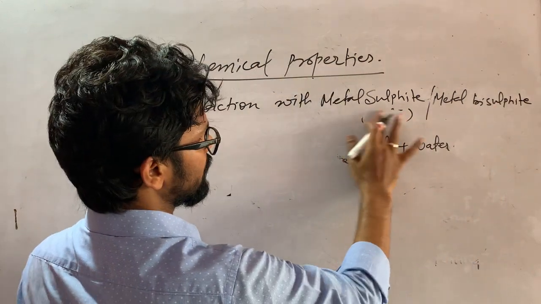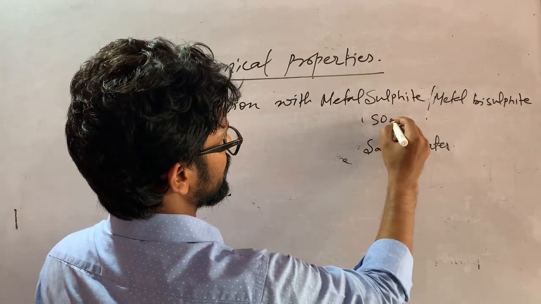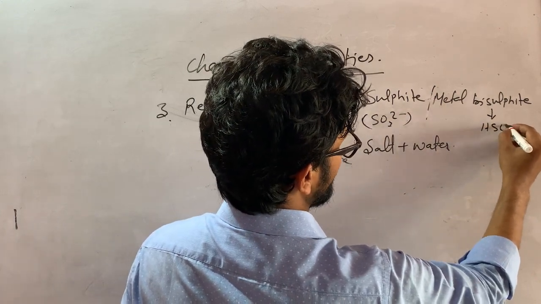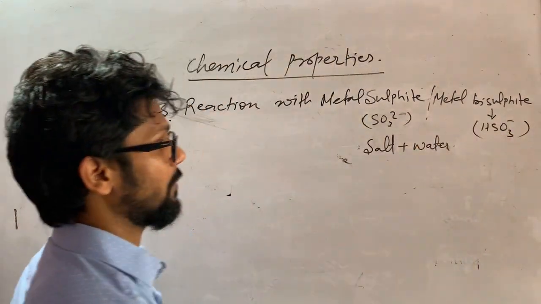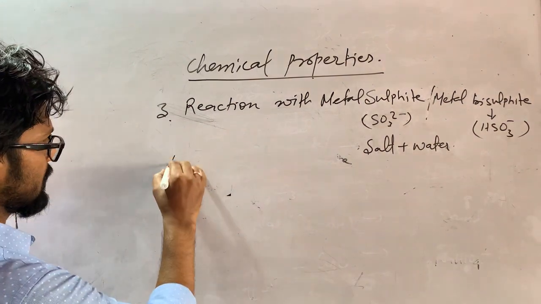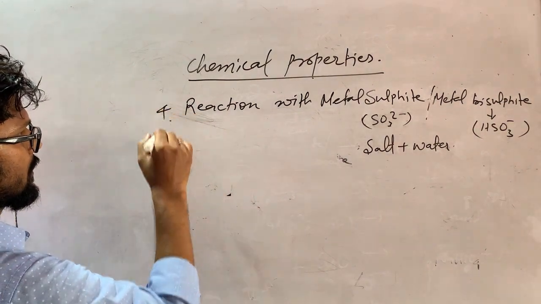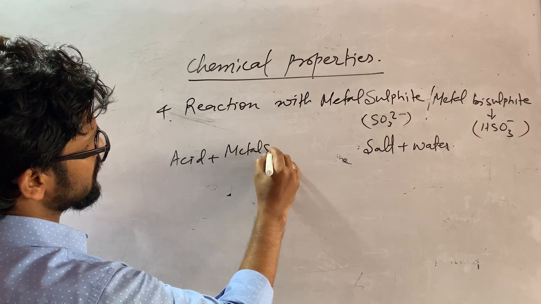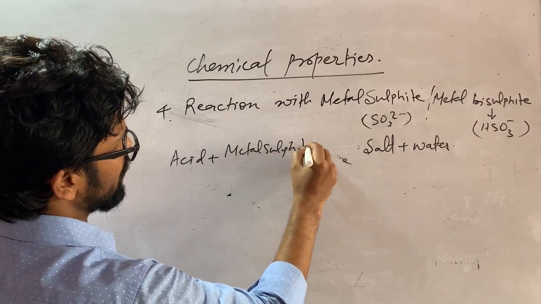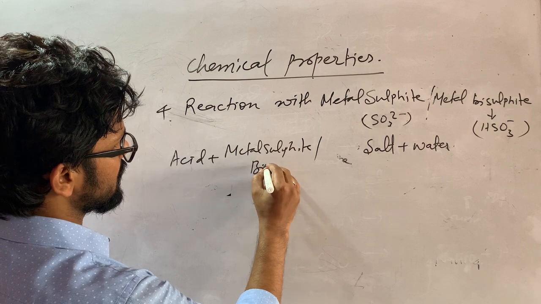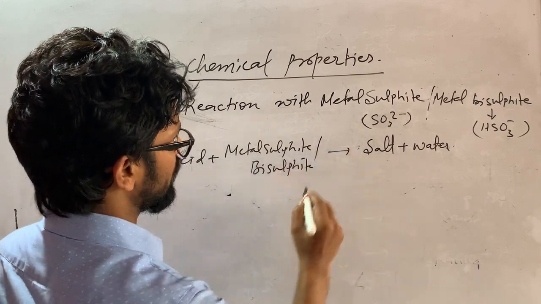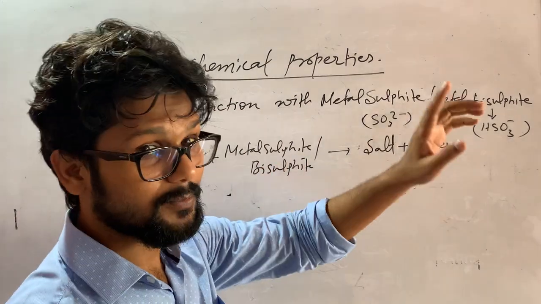Okay, sulfite formula is SO3 2 minus and bisulfite is HSO3 minus. You must remember these radicals. So the concept is, this is the fourth reaction, when acid reacts with metal sulfite or metal bisulfite, it always gives salt plus water plus.